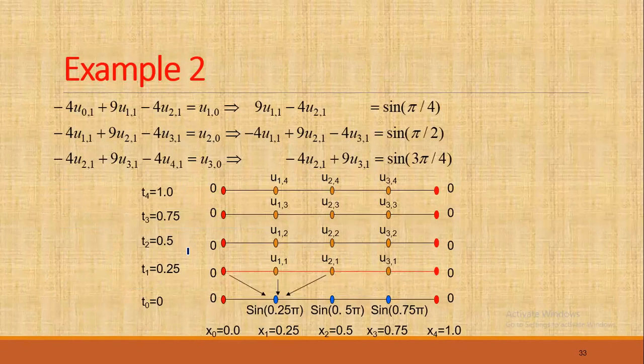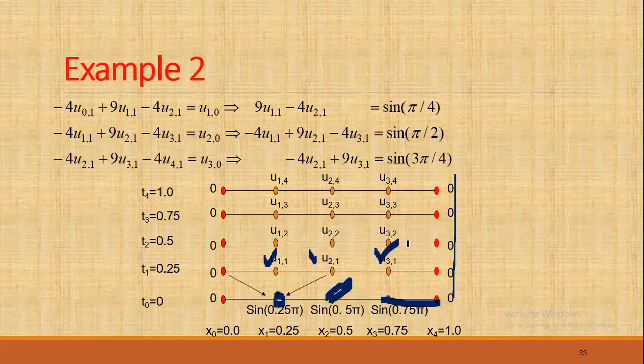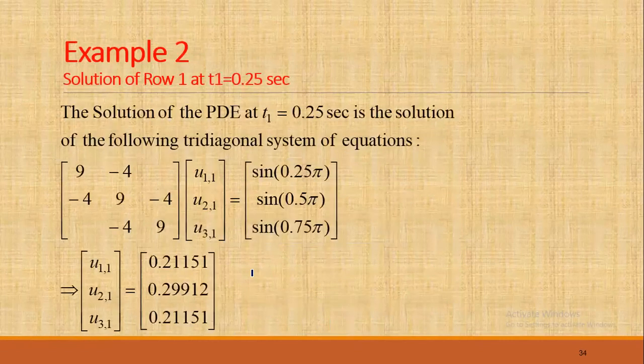Similarly, when t is equal to 0.5, the second row, we again convert all the nodes into a system of equations and we get u12, u22, u32. Then for 0.75, we get u13, u23, u33, and for 1, we get u14, u24, u34.